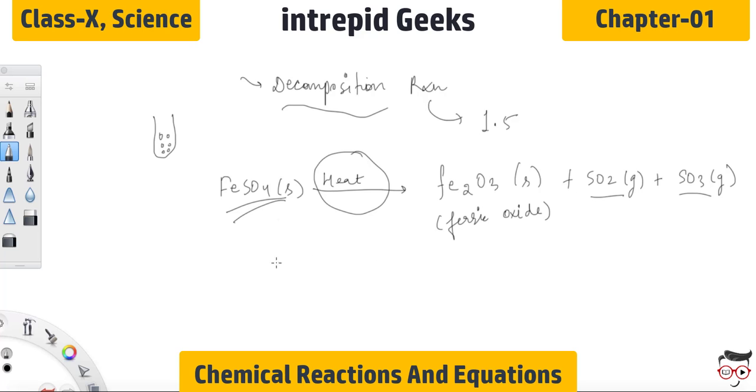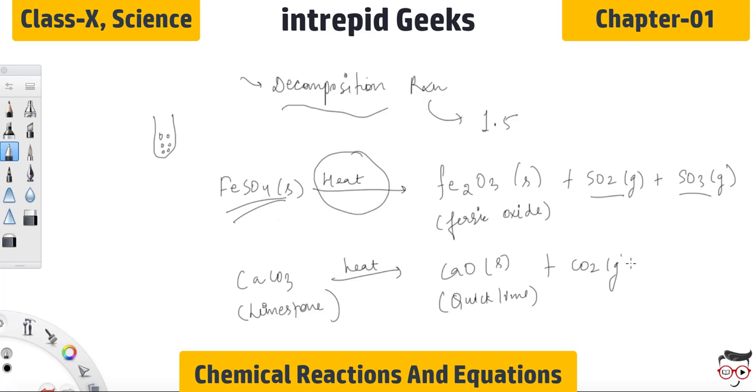In a similar way, if you will try to heat CaCO3, calcium carbonate, which is also known as limestone generally, you will get CaO, that is quicklime, and carbon dioxide. So calcium carbonate is breaking into calcium oxide, which is quicklime, and carbon dioxide, right?